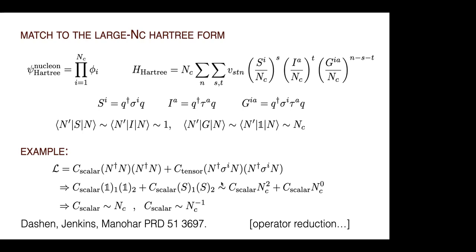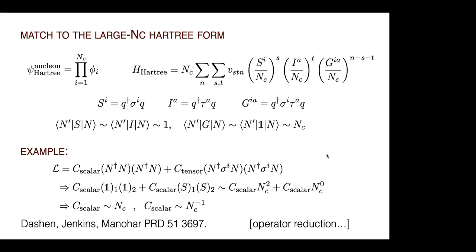Whereas for the tensor case, this is just symbolically indicated by this spin operator. And applying the spin isospin scaling rules, this gives me this low energy coefficient with N_C squared, because each of these unit operators gives me a factor of N_C. Each of the spin operators scales as N_C to the 0.